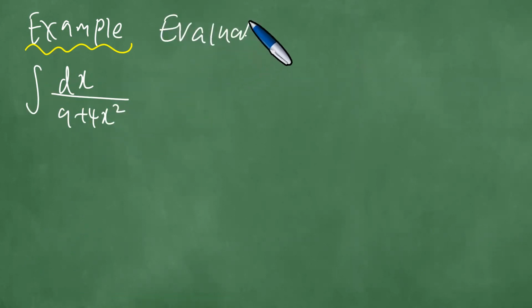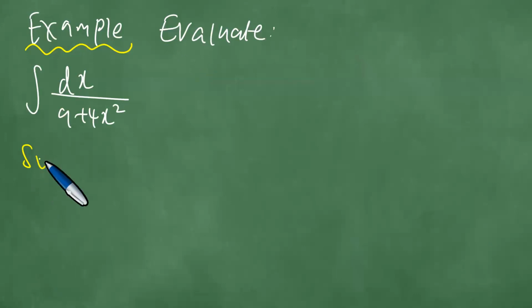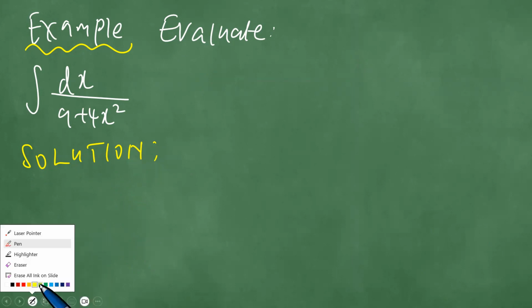And the question says, evaluate. Let's look at the solution to this. Right, so looking at the solution to this, what do we do? Very straightforward question in front of us. The solution is as follows.